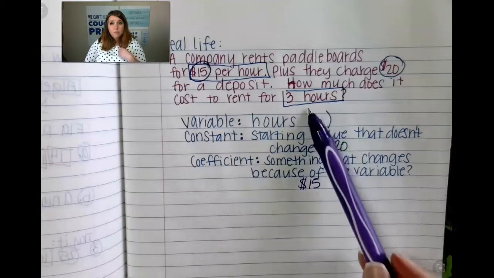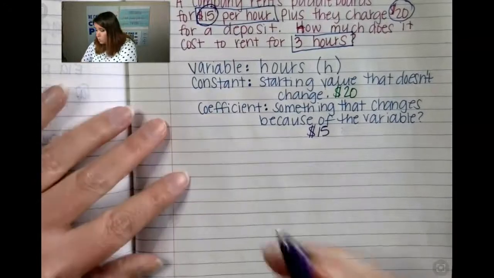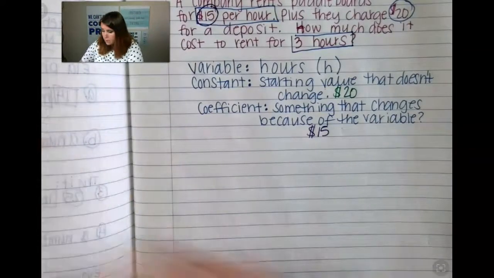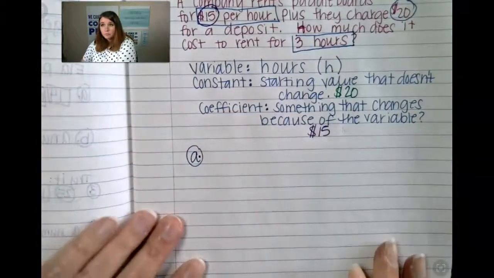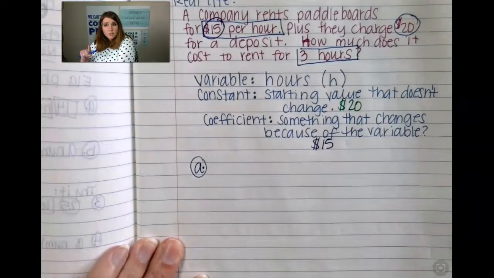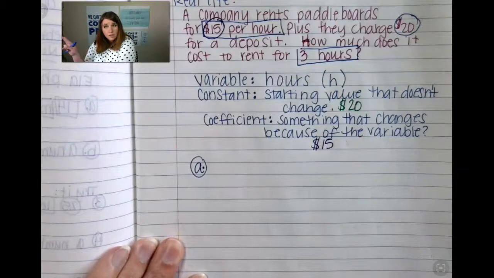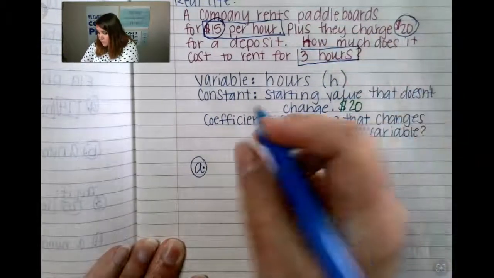So this $15 right here, I am going to pay, and it's going to change depending on how many hours I spend paddleboarding. Okay, so part A, we are now going to write up an algebraic expression. So we need a coefficient with a variable attached to it, right? So we know a coefficient has a variable, and then we need a constant. So what's our starting value that we always have? We're always going to have this plus $20.